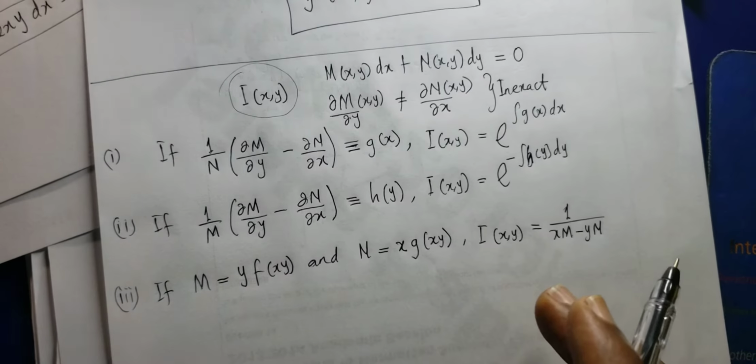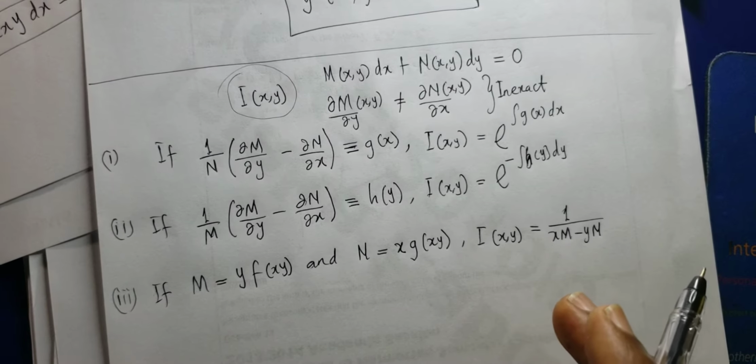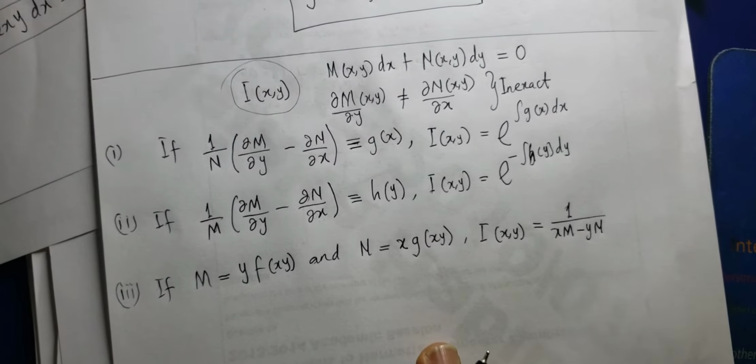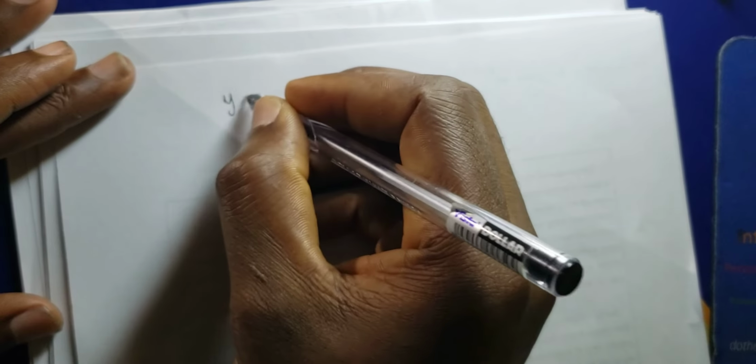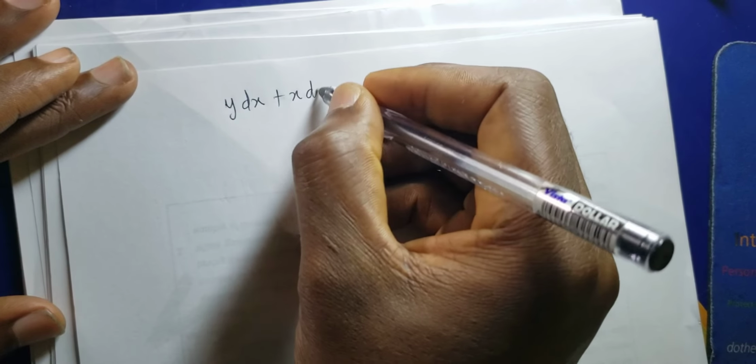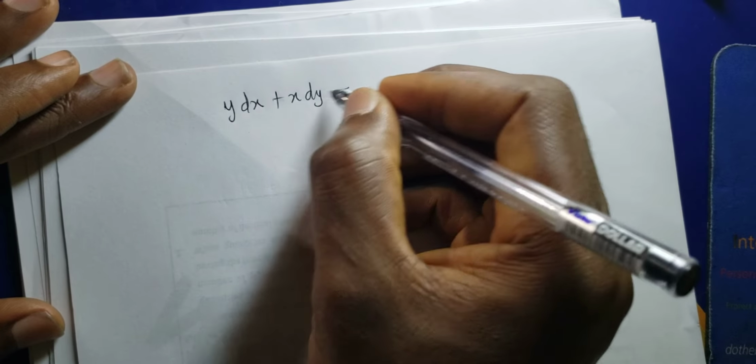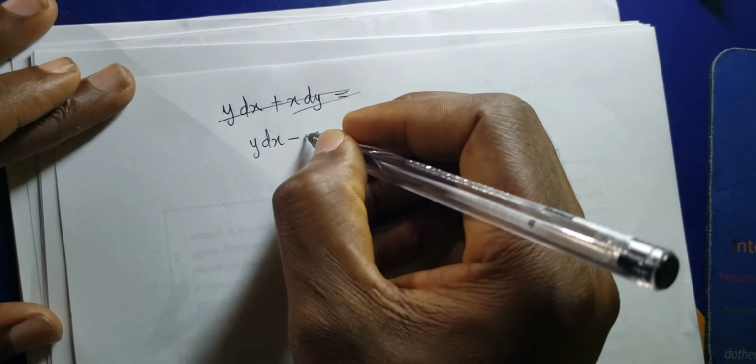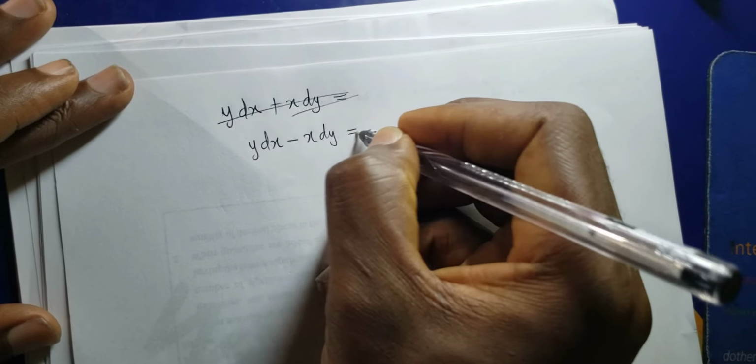So let us check for this first equation that we had, that we established was not an exact equation. So let's do that on the next sheet. That equation, the number one problem here, was y dx minus x dy equal to 0.